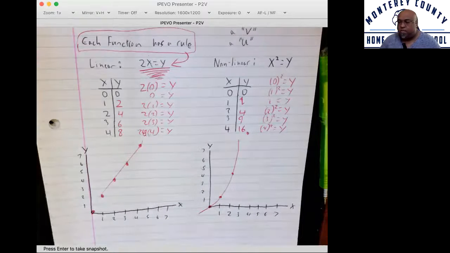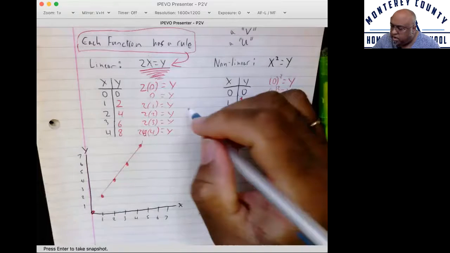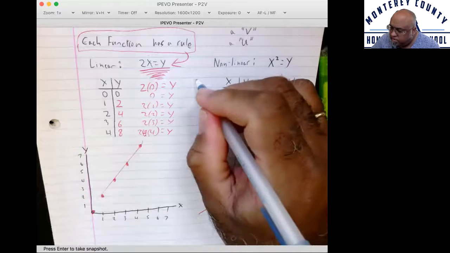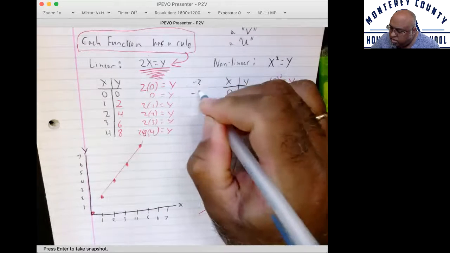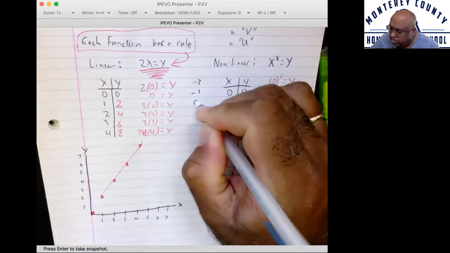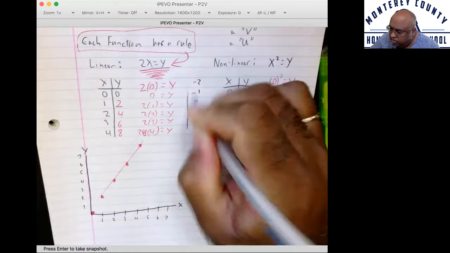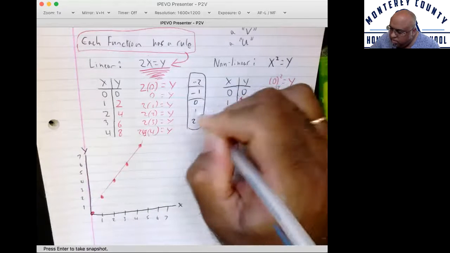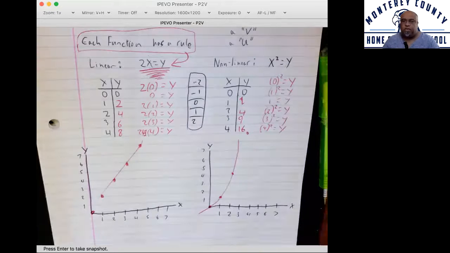The most highly recommended values to use when you begin graphing are this: -2, -1, 0, 1, and 2. So I recommend using those values unless it states otherwise, or obviously if the x values are given to you.